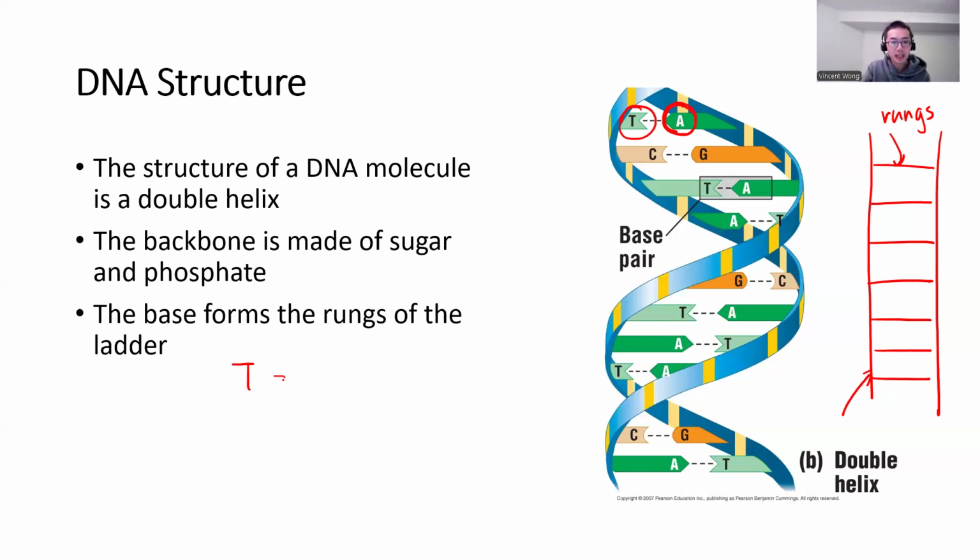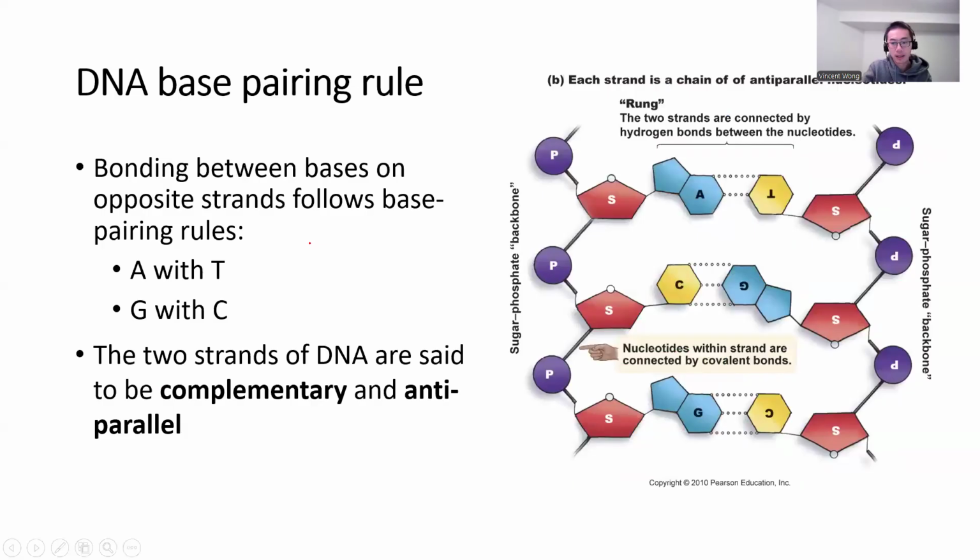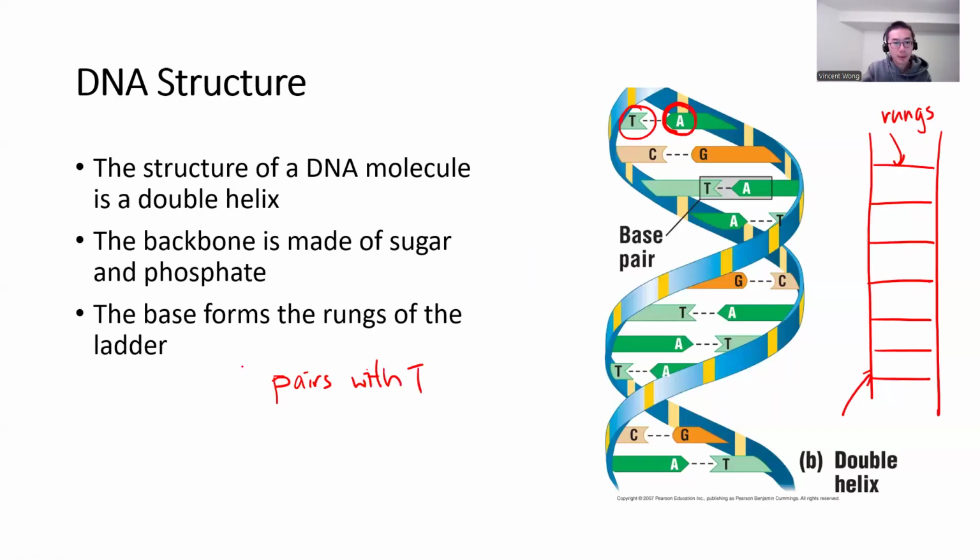So T pairs with A all the time. Actually, I'll write A pairs with T. Same thing, right? But it can help you remember it better because AT spells at, okay?